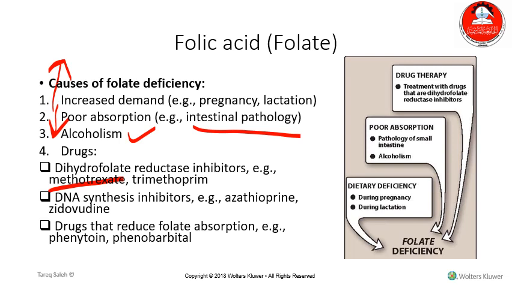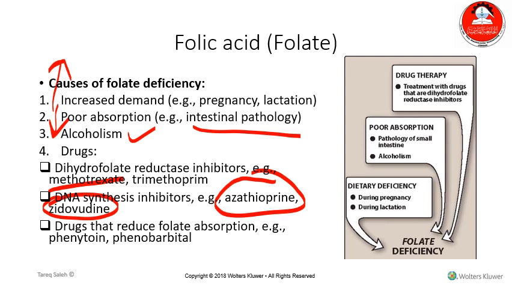Other drugs that can cause folic acid deficiency include DNA synthesis inhibitors such as the immunosuppressant azathioprine or the antiviral zidovudine. These drugs can cause folic acid deficiency as an adverse effect.